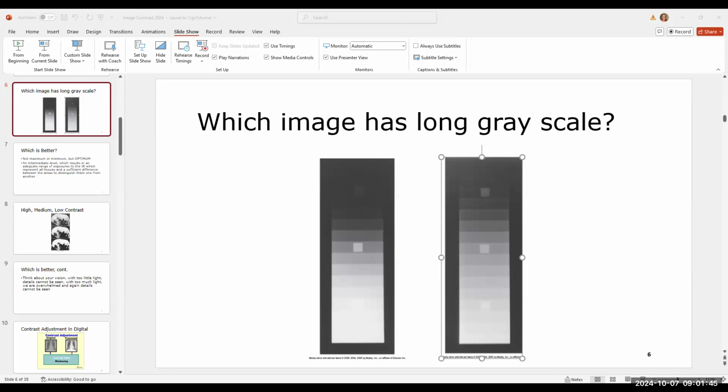If SID goes up, then you need more mass to compensate, because intensity went down. We have to beef up our mass so that we have more quantity, because we're losing quantity because of the change in distance.